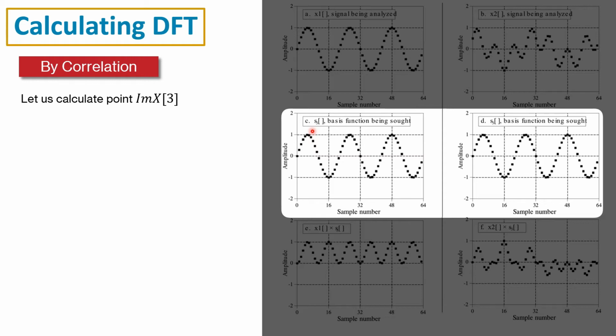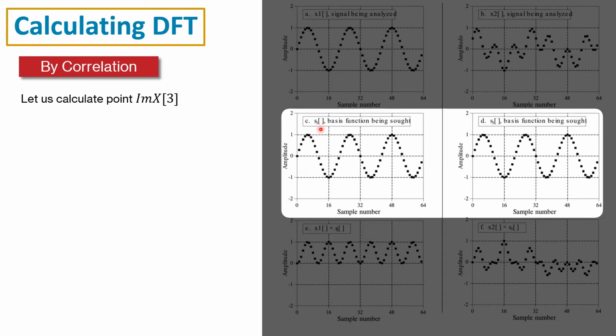There are N over 2 plus 1 basis functions for this one, for this signal x1. There can be N over 2 plus 1 similar basis functions for S, and for C also.